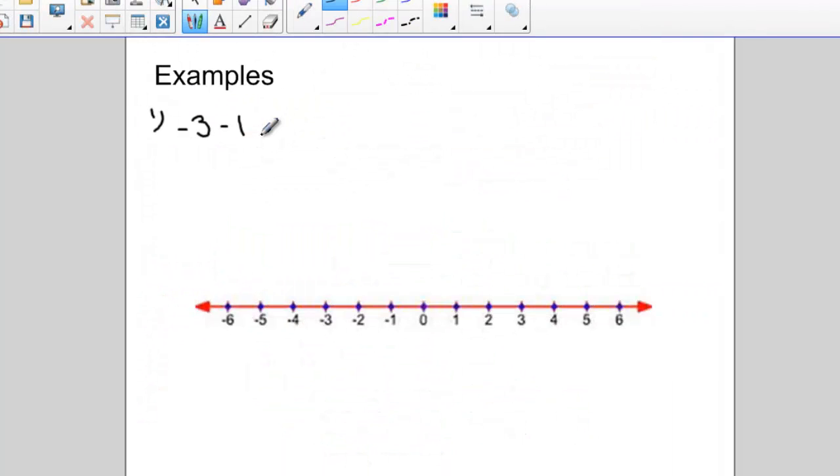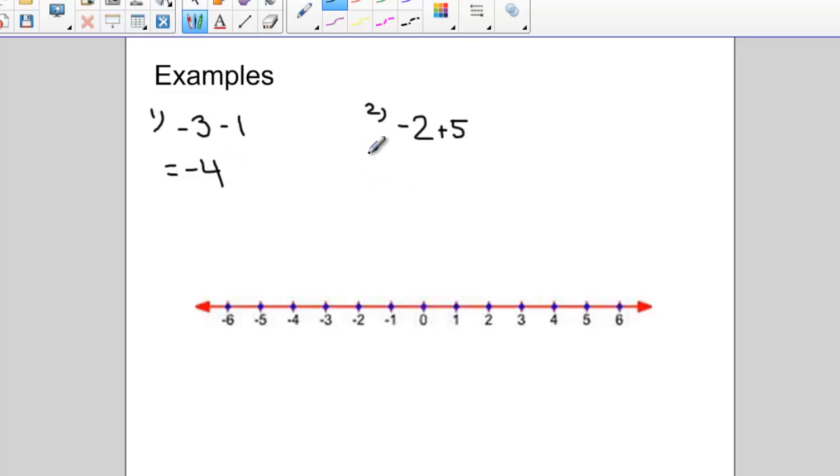Let's try some examples. If I wanted to determine what -3 take away 1 equals, I could think of -3 on my number line, find it on my number line. And we said that subtraction means we're moving to the left. So -3 take away 1 means I'm moving to the left 1 spot. So -3 take away 1 equals -4.